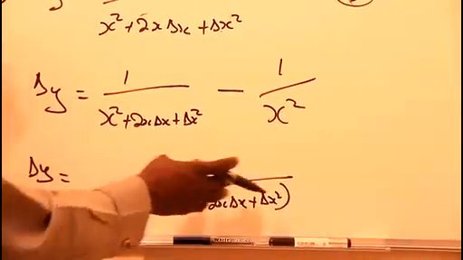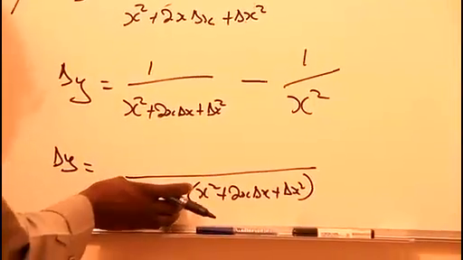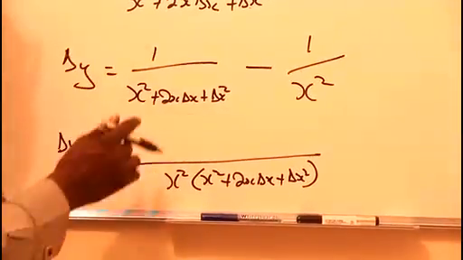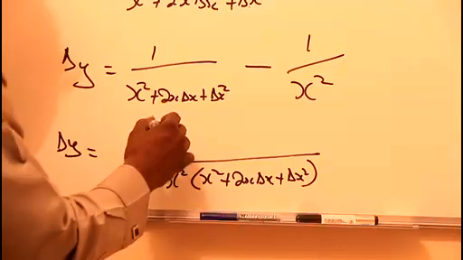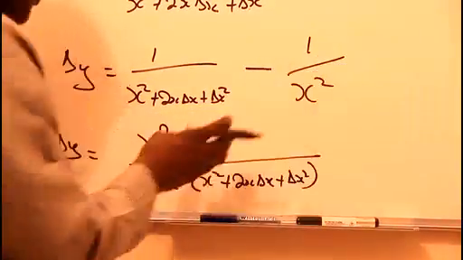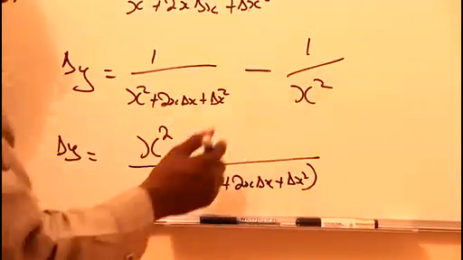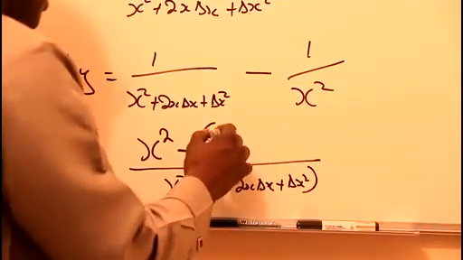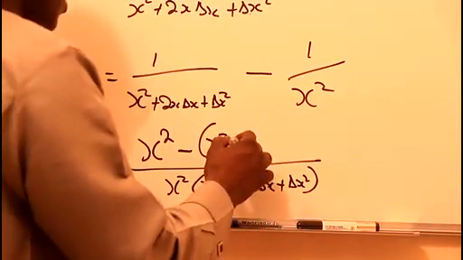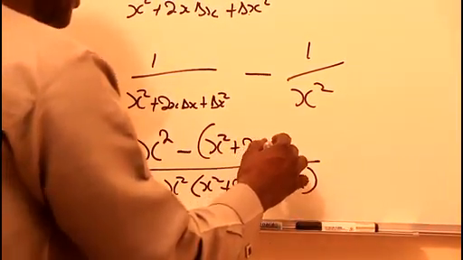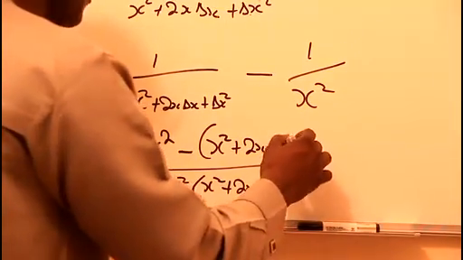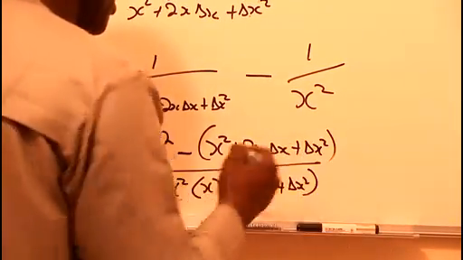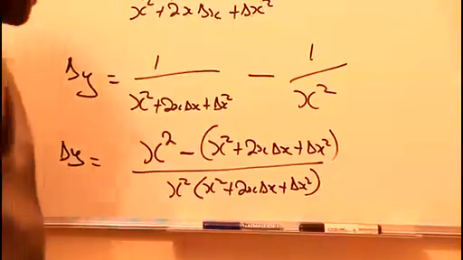Now, this into the whole of this, we're left with x squared times 1, this will now be x squared. Then x squared into this, we're left with this times 1, so we have minus x squared plus 2x change in x plus (change in x) all squared. So we expand the numerator.